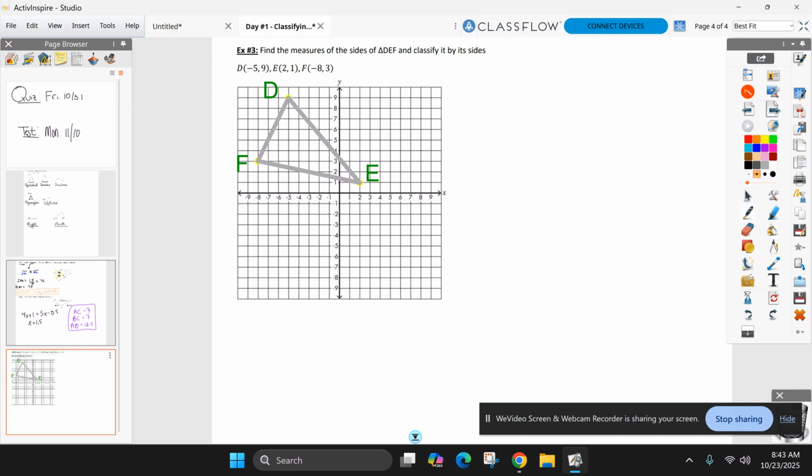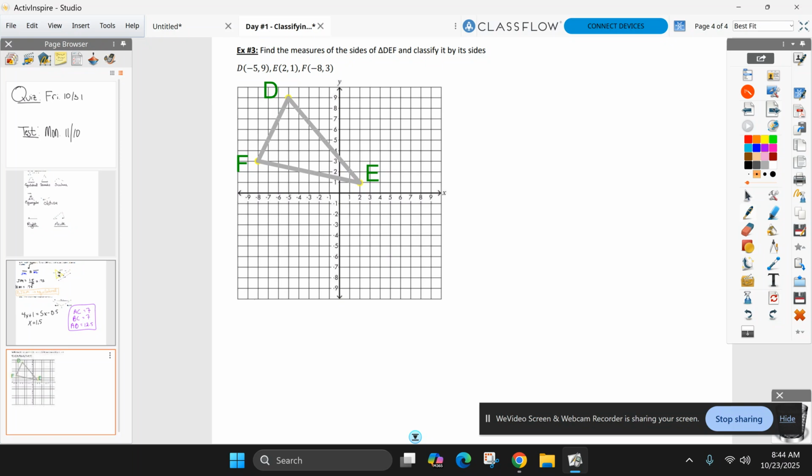You don't need a straight edge. You just connect the points. Nothing fancy.